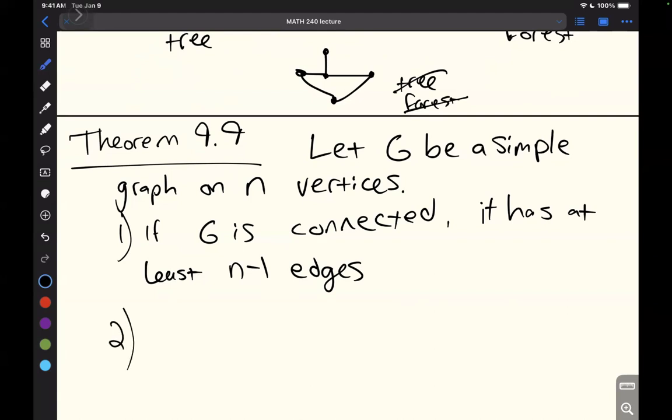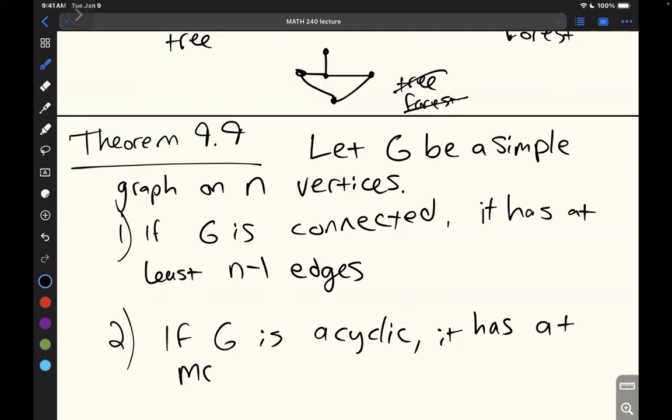The other case here is if G is acyclic, it has at most n minus 1 edges. Because we cannot link back to any other ones. So we can't have more than n minus 1 edges. Because no cycles are allowed.